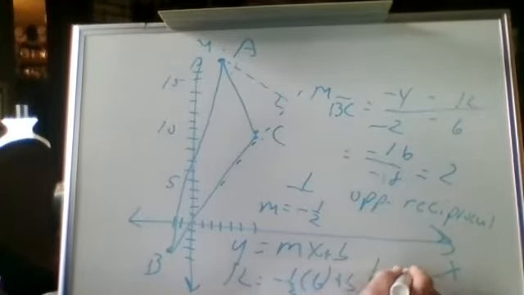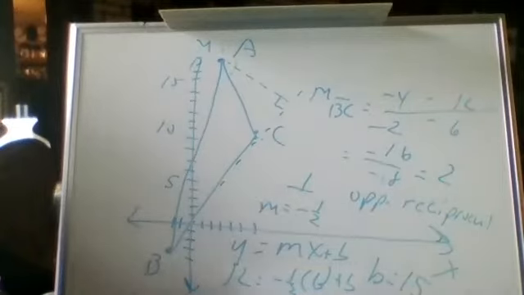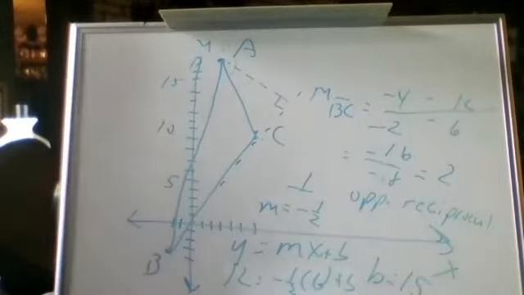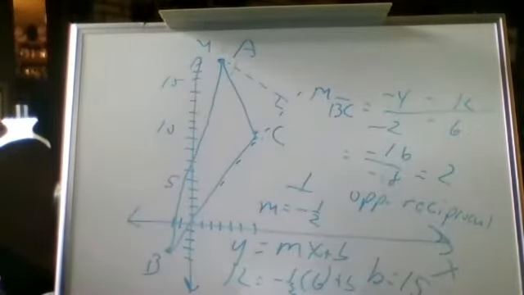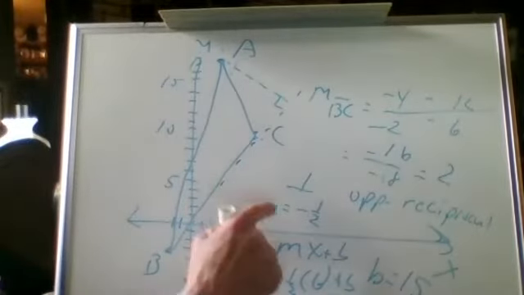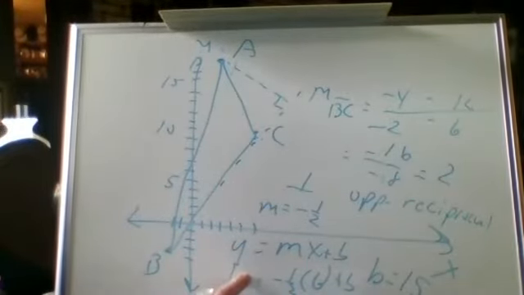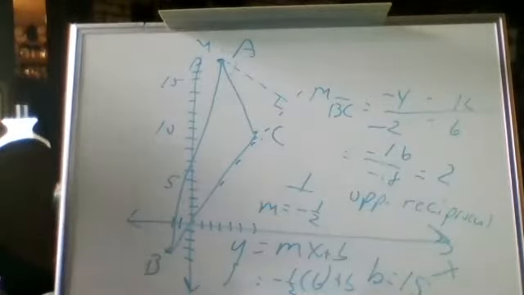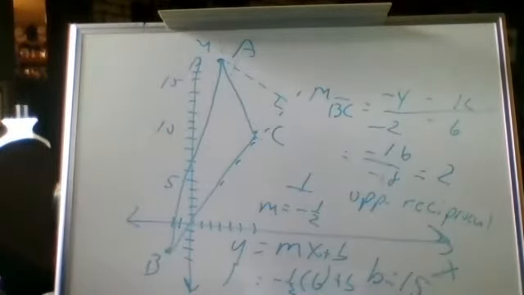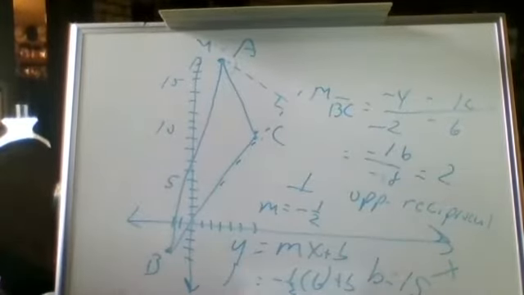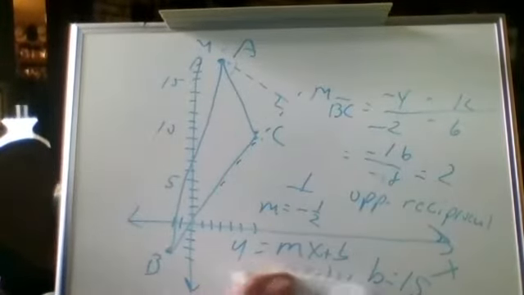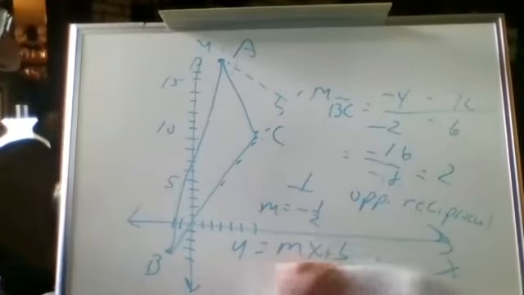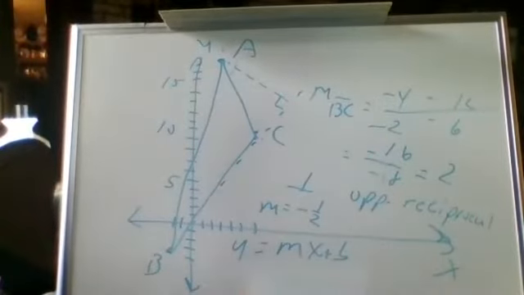So b equals 12 plus 3, which is 15, let's see. I'm sorry, A was 18, sorry. A was 2 and 18. I wrote down the wrong point. Get to see me make my mistakes here. Okay, so we'll get to do this again. A was 2 and 18.